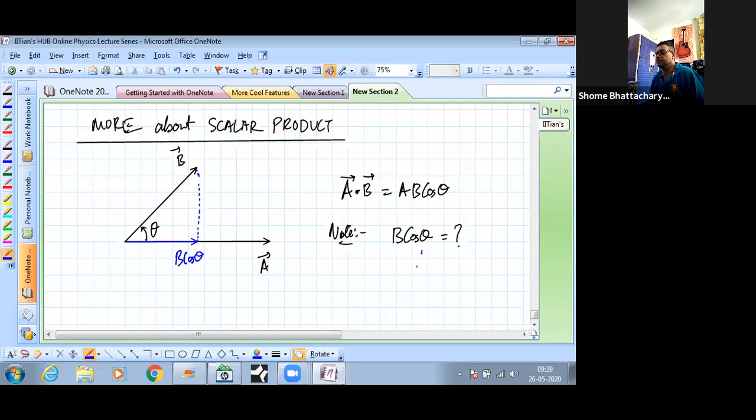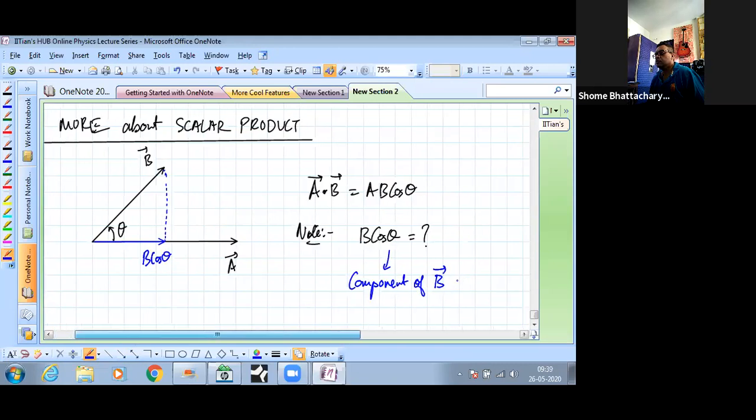So you can see that B cos theta is the component of the vector B that is parallel to A, or we can say it is the projection of the vector B along the vector A.